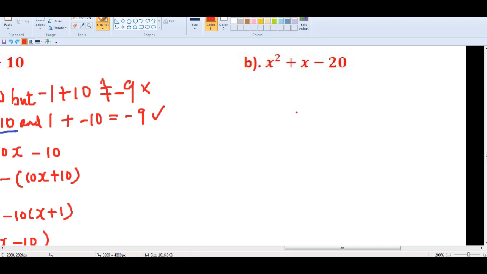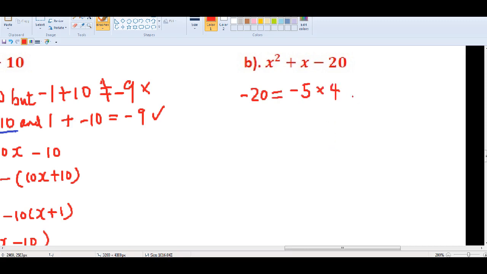How about 10 times 2? If you've got minus 2 times 10, then when you add them, it equals 8, so it's still far away. So 2 times 10 doesn't work. How about 4 times 5? That's minus 20. Let's try minus 5 times 4.